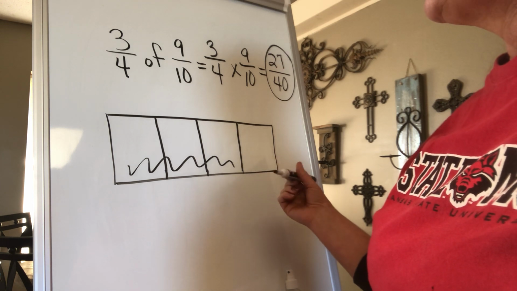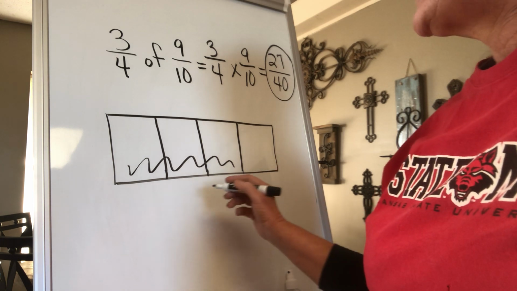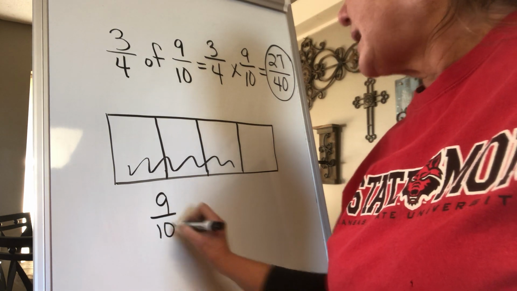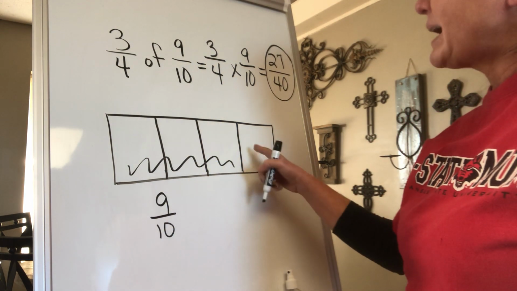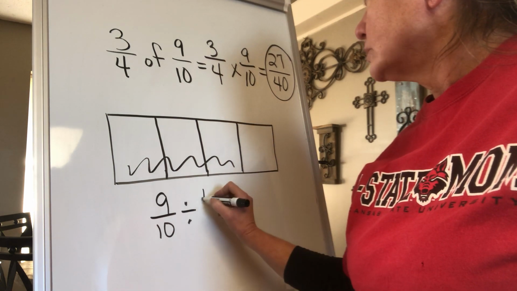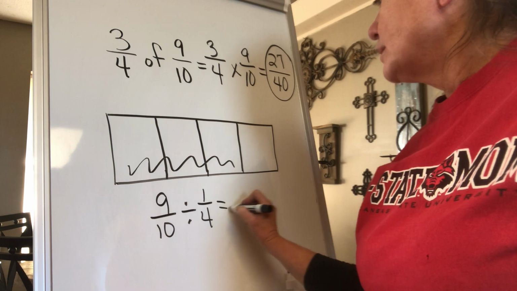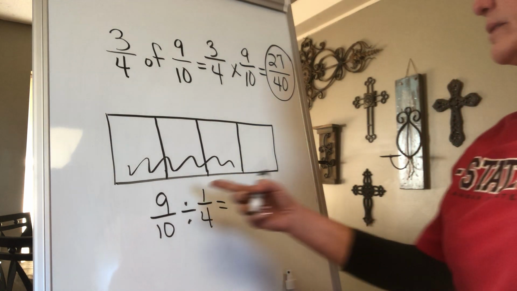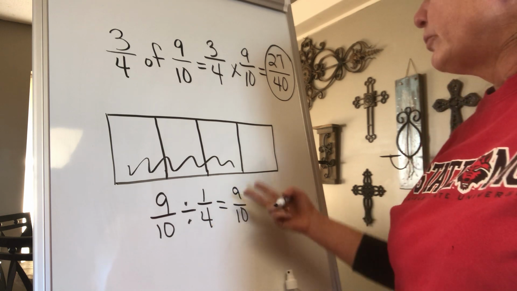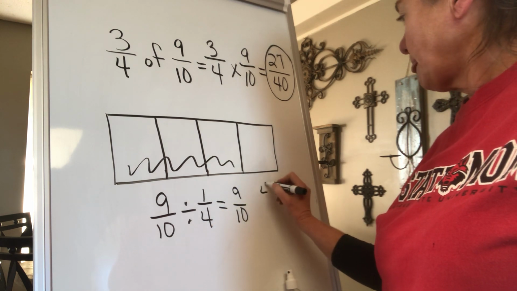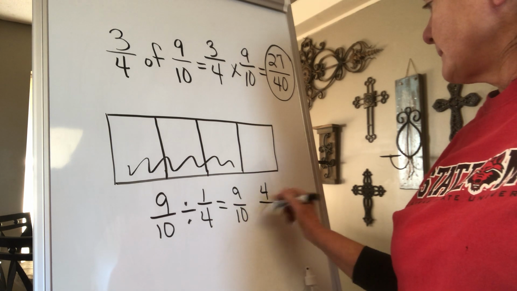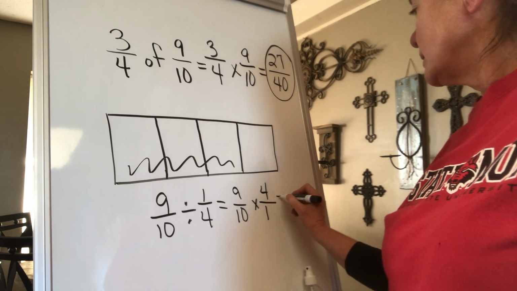So if my 9/10 was being divided up into fourths, my whole 9/10 was divided by fourths. Now this one we would slide across, we would flip, and we would multiply.